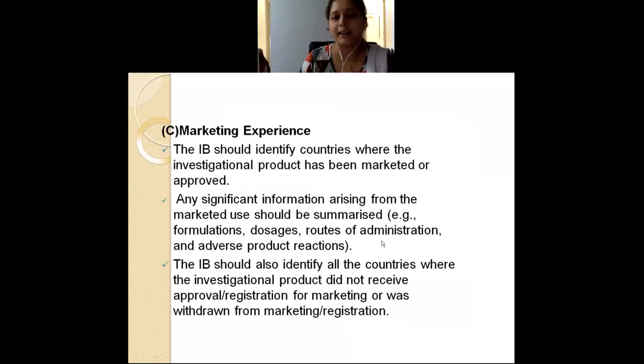Lastly, that is our marketing experience. Marketing experience, that is once our drug has been approved, it is marketed, it has been given approval to sell the product in the market. So if any complaint arises, then that too has to be summarized. For example, the formulation, its doses, route of administration, any adverse reaction observed, all significant information has to be summarized and highlighted in our marketing experience.